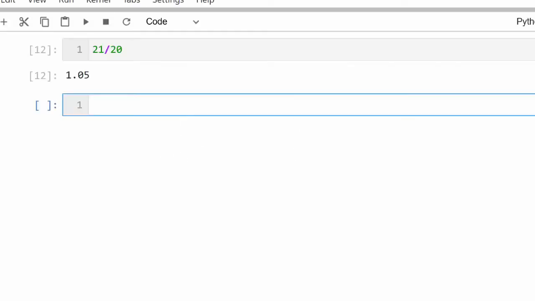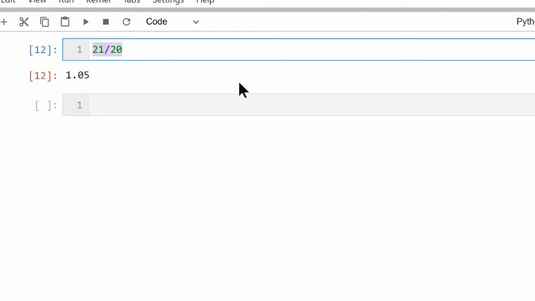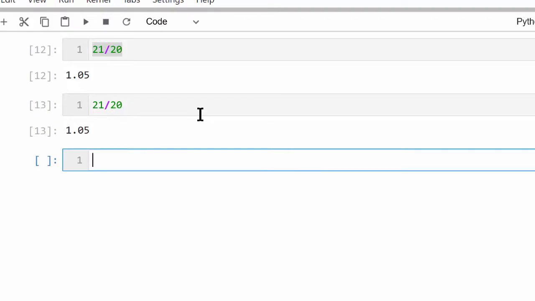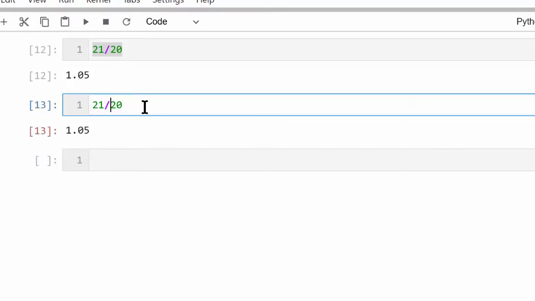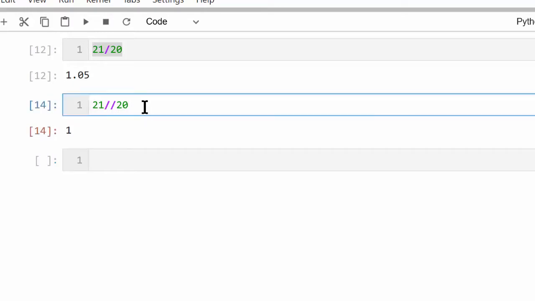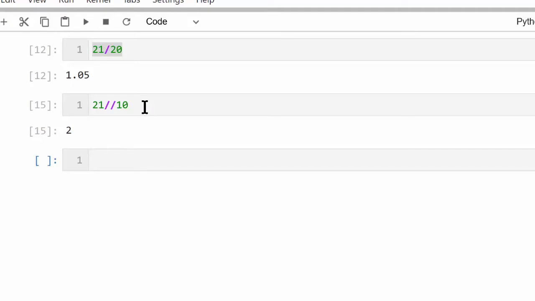Let's try them out on the system. So we have seen 21/20, that is the normal division. Now we want the floor division, which should give you 2, right? 21 by 20. Shift execute. Oh, I'm sorry, it should be a double slash. So this is called the floor division. If you do it by 10, shift enter, you get a 2, right?